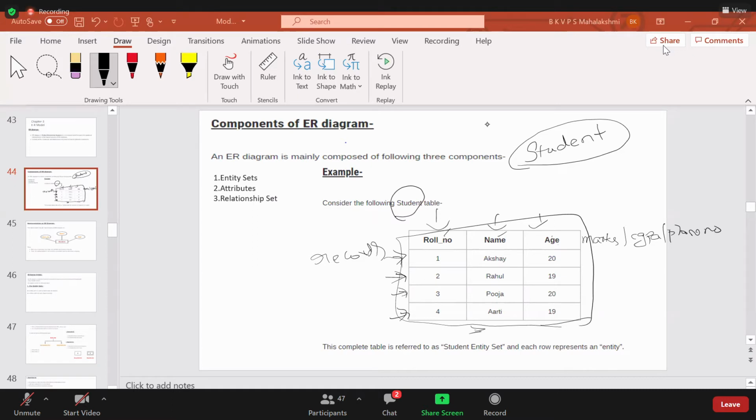Oh, good. Gender, email. I appreciate the students who have renamed their participant names with their names followed by their PIN numbers. So marks, CGPA, phone number, email. Okay, I'm writing here email, gender.